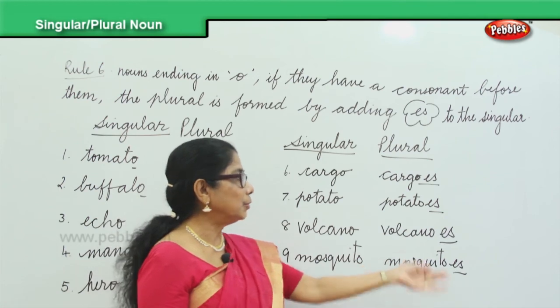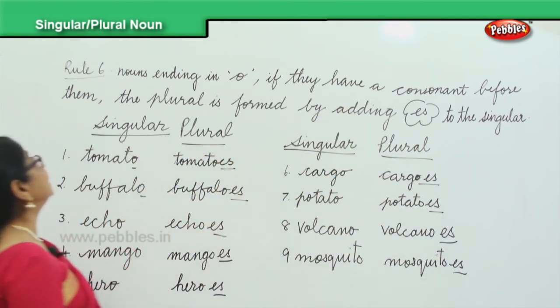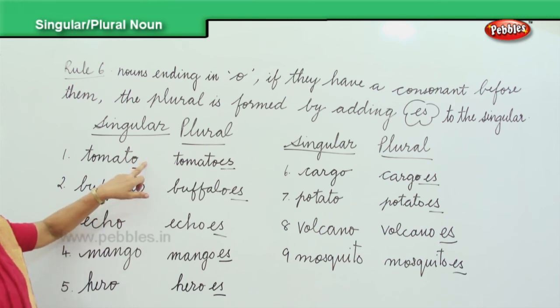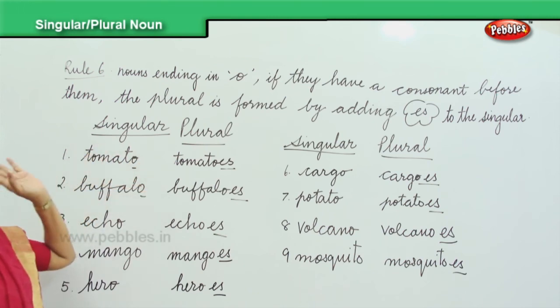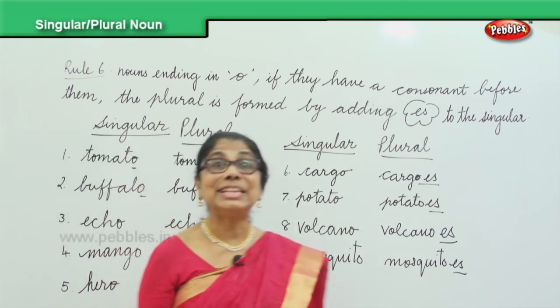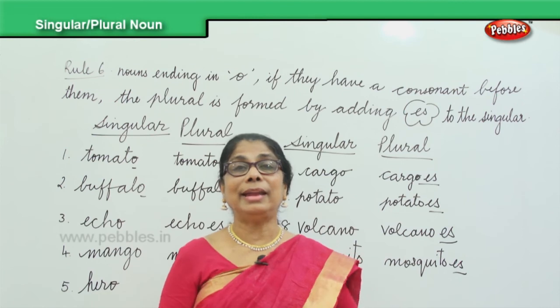Mosquito, mosquitoes. In this rule number 6, if there is a noun ending in O with a consonant before it, you form the plural by adding es to the singular noun. We have done the rule number 6, but to the rule number 6, we have some exceptions.